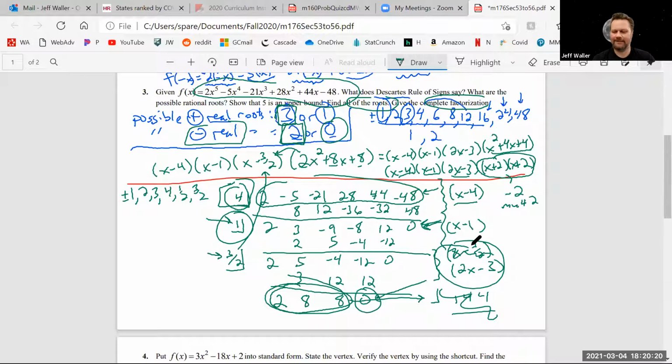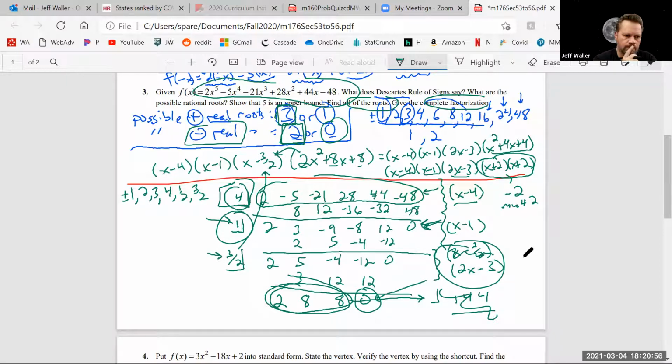Then if you get only one real root, like if you get only 1 or 0, there should be like 4 imaginary numbers. Good. If you get one real root, there has to be 4 complex roots.